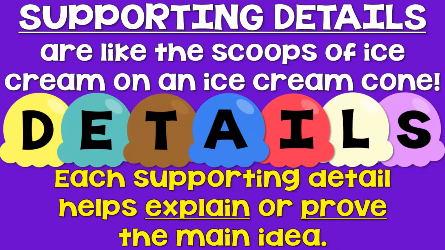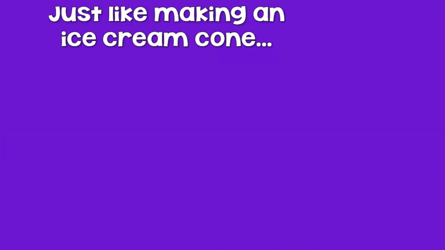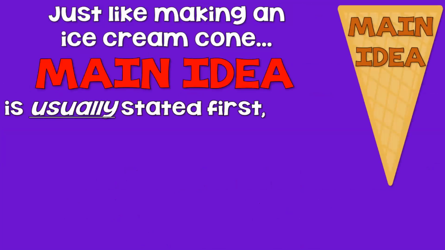Each supporting detail helps explain or prove the main idea. So our main idea is the cone, or the point of the article. And then each scoop of ice cream on top of that cone is going to help us prove the main idea. Just like making an ice cream cone, the main idea is usually stated first.